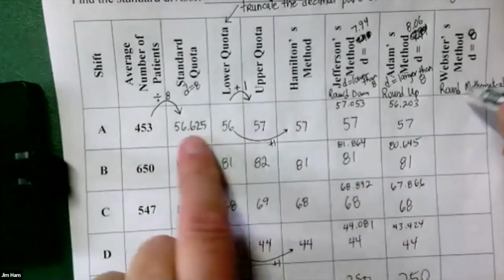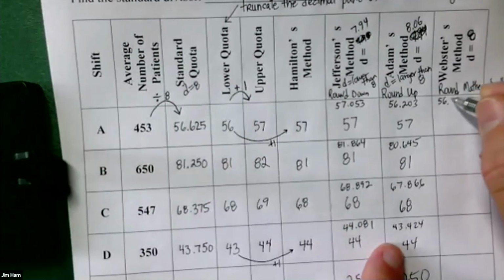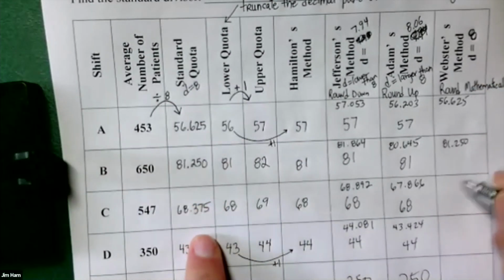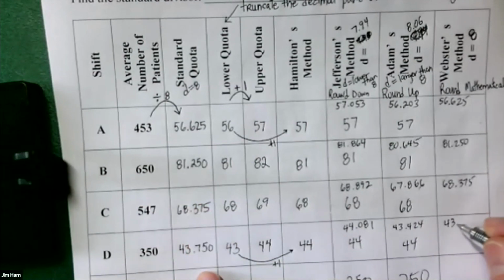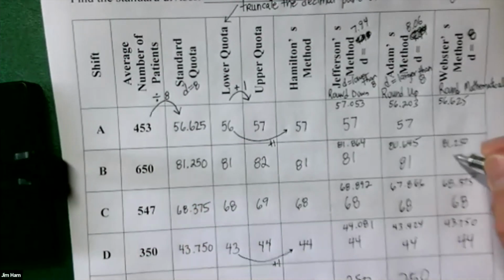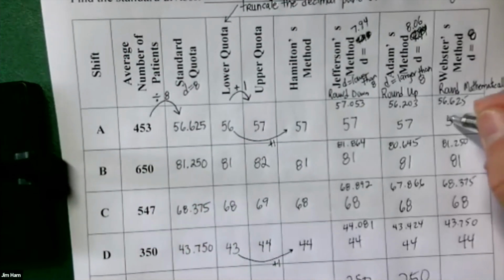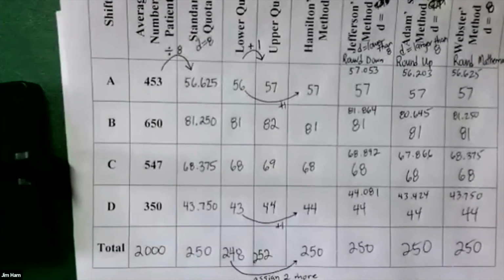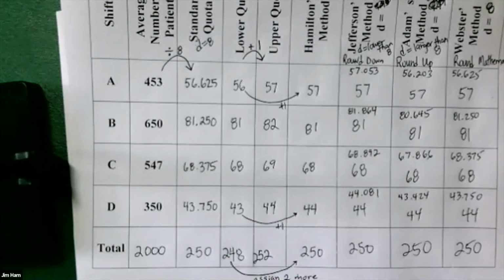And then we're going to enter in the same numbers, 56.625, 81.250, 68.375, 43.750, and then round them accordingly as you must mathematically, and you'll see that all of those add up to 250.